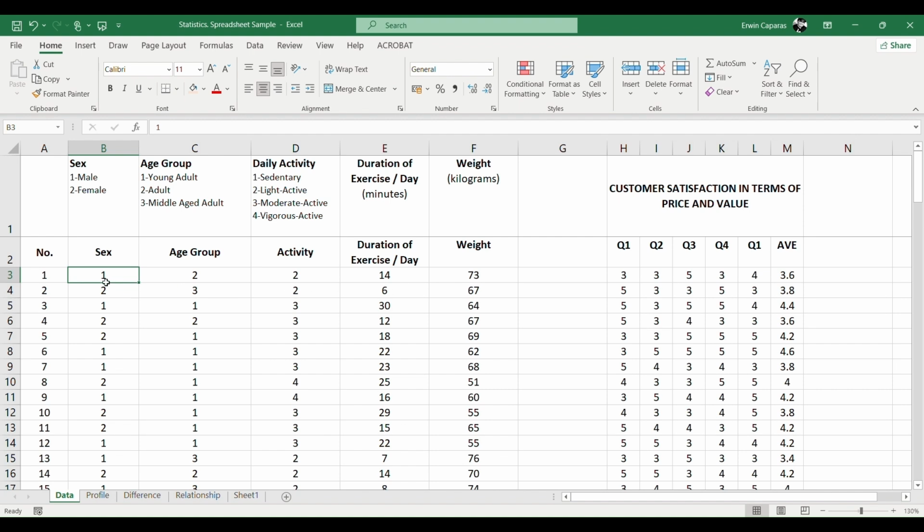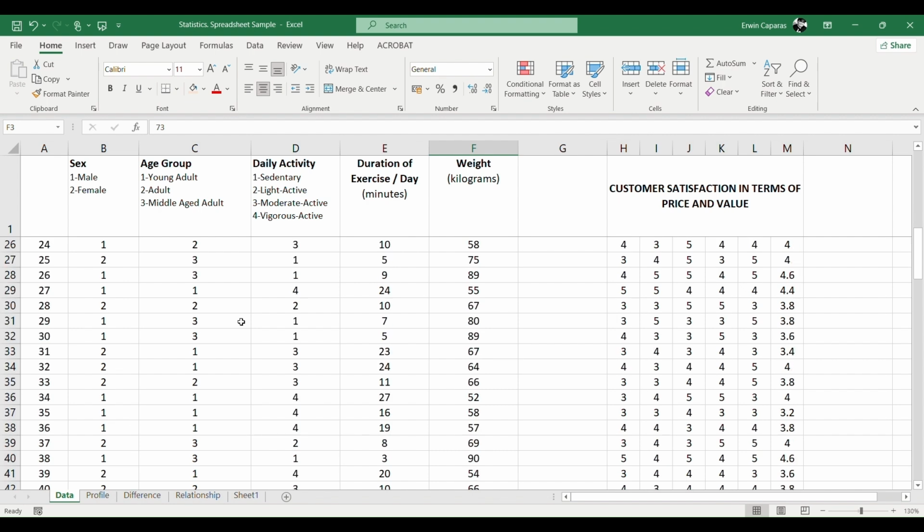Let's say for respondent number one, the age group is adult, his daily activity is light active, the duration of exercise is 14 minutes, and he weighs 73 kilograms. That is how we present the data coming from the survey questionnaire. We call this raw data. Raw data means it is not yet treated; it comes directly from our survey questionnaire. So we have to complete the data.